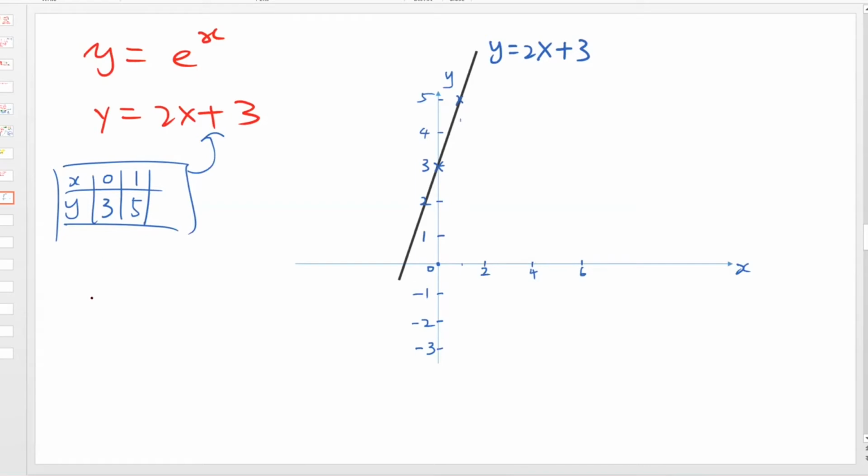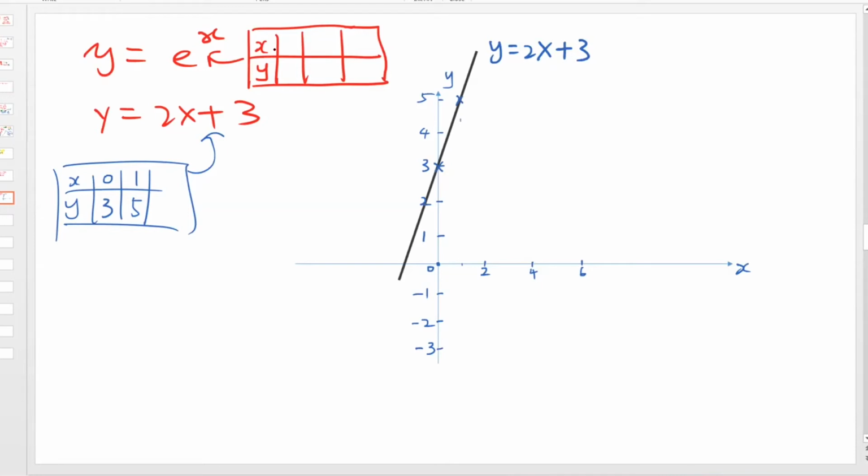So let's create a table for exponential. By the way, we need to test your negative side, your 0 side and positive side.